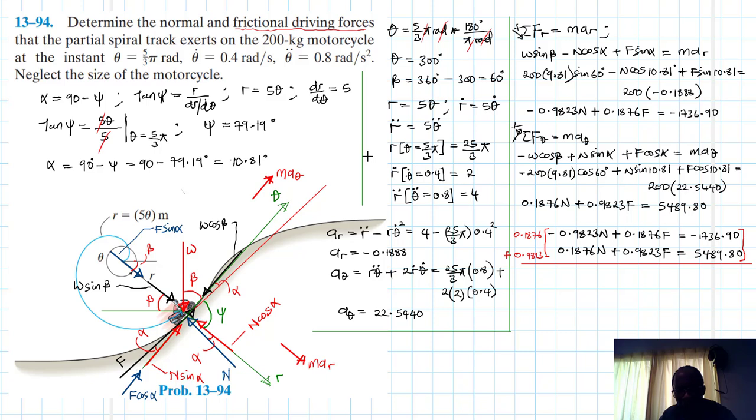So let's work out the other one. So we have 0.1876 squared, plus 0.9823 squared.